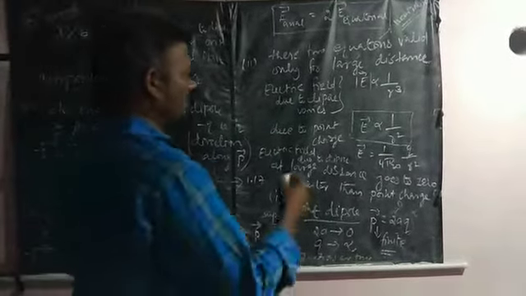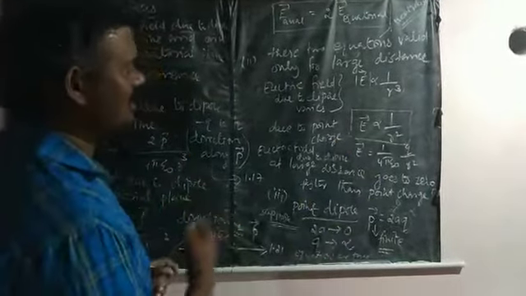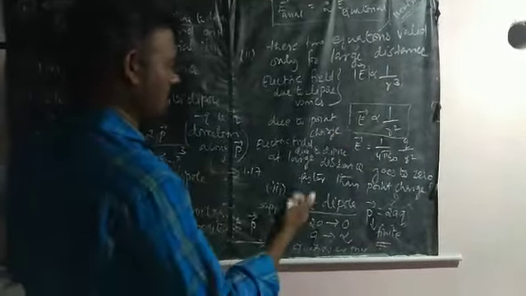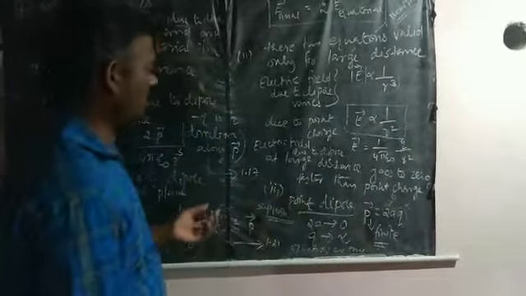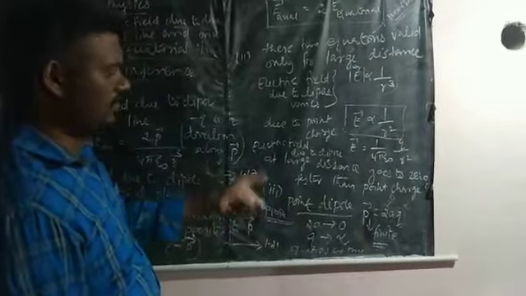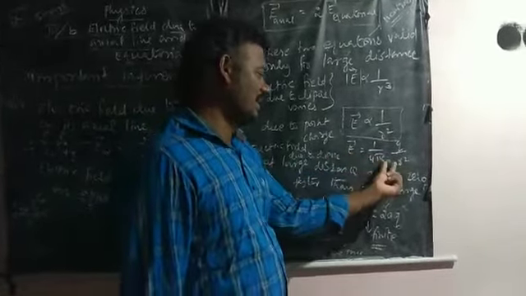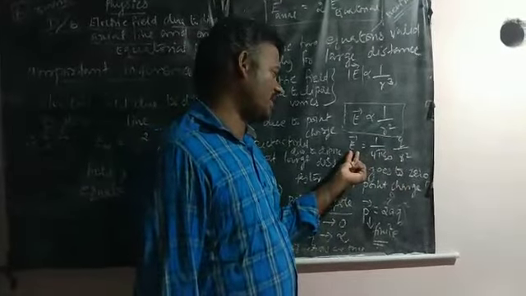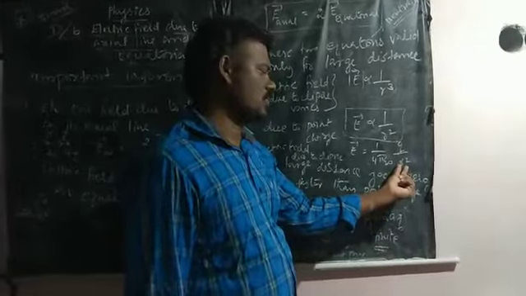Okay, so similarly the electric field due to the dipole at large distances becomes 0 faster compared to the point charges. The electric field due to a point charge at a particular point is E vector equal to 1 by 4 pi epsilon naught q by r square. Here the magnitude of the electric field varies inversely proportional to r square. If you measure the electric field for a point charge, E varies inversely proportional to r square.